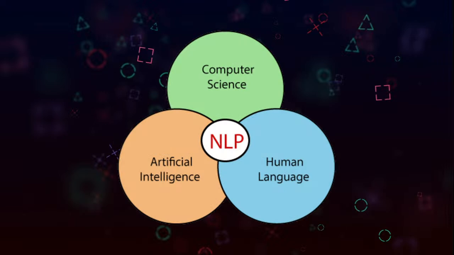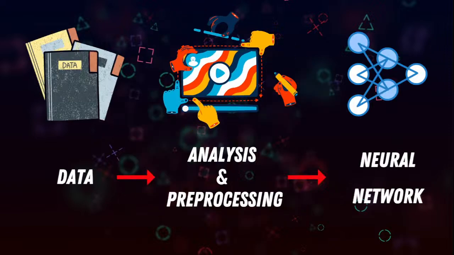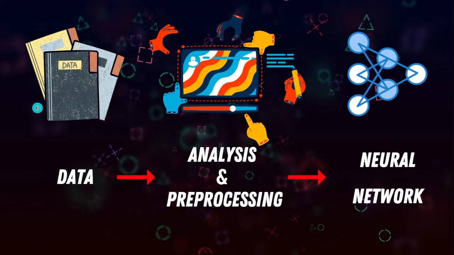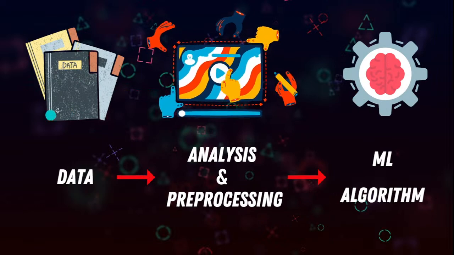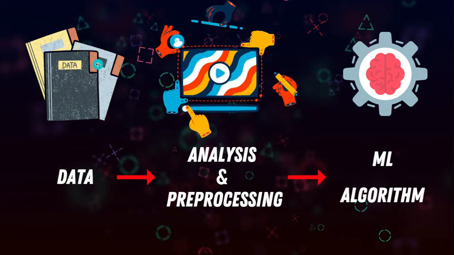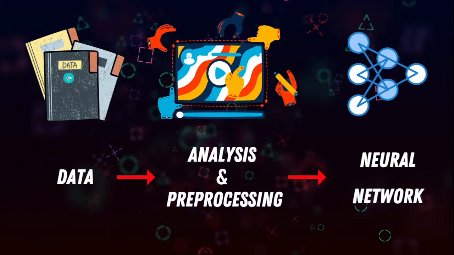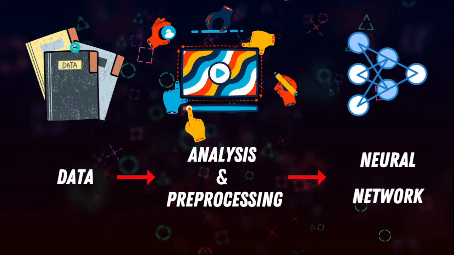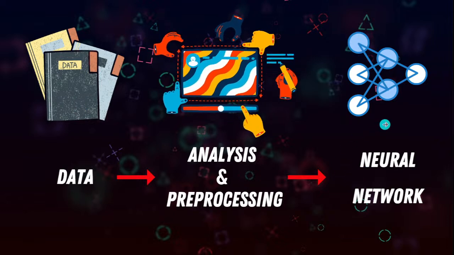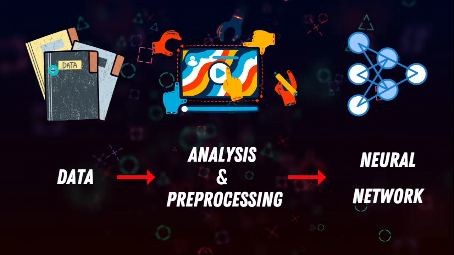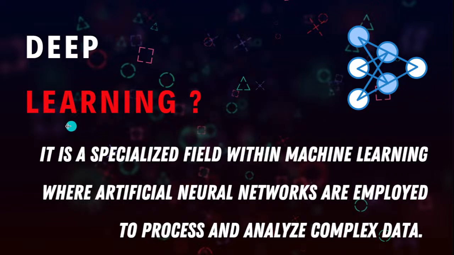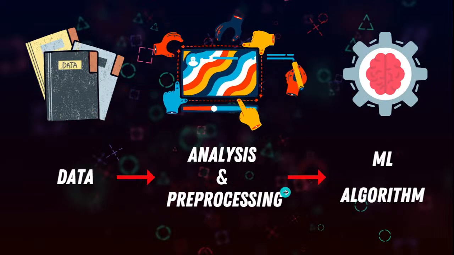Starting with that, NLP is a combination of AI, CS and human language. See here guys, mostly in machine learning, this data will be in tabular format. It could be structured data. In deep learning you can have either structured data or unstructured data like images, text and all. But anyway, your neural network or your machine learning algorithm needs to perform statistics.